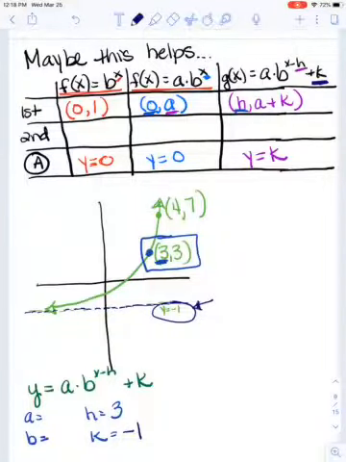Then here's the other piece that I can figure out, my a plus k. This 3 here is equal to a plus k. We said k is -1.